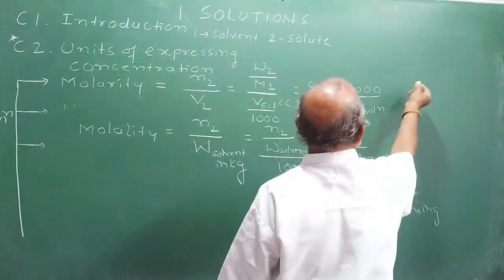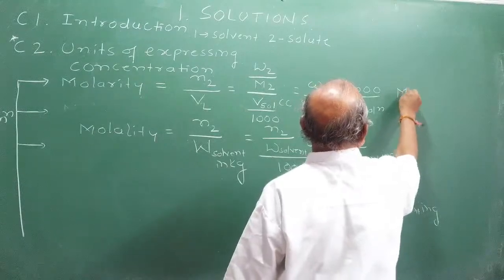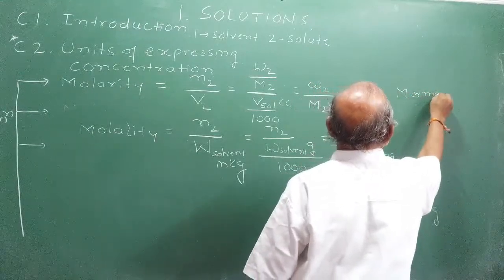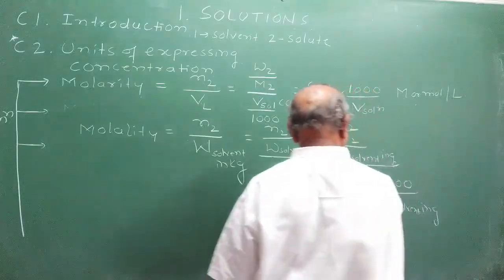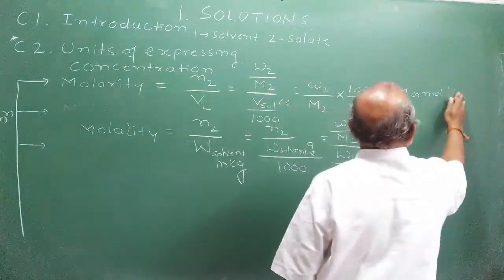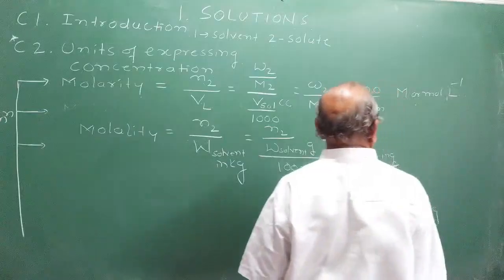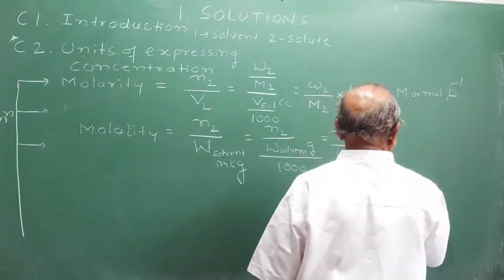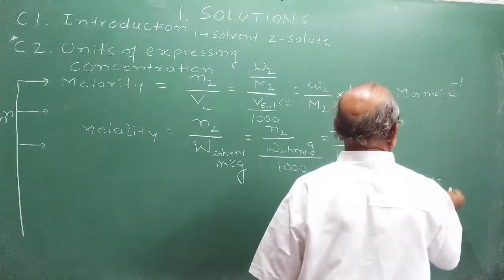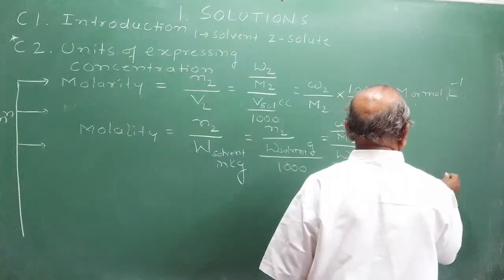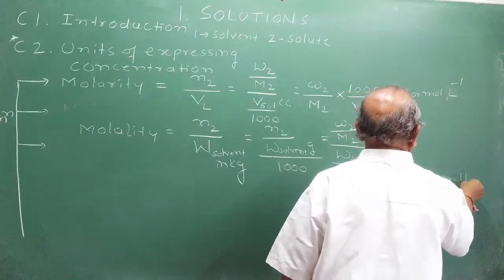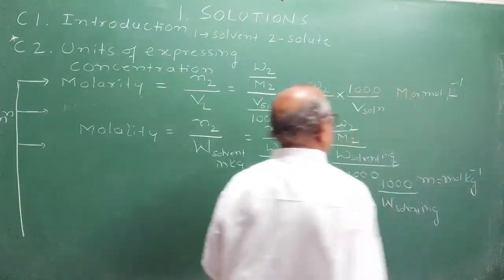Unit of molarity is given by capital M or mole per liter, mole per liter of the solution. And molality is given by small m, and it is given by mole per kg. Remember the unit of it.